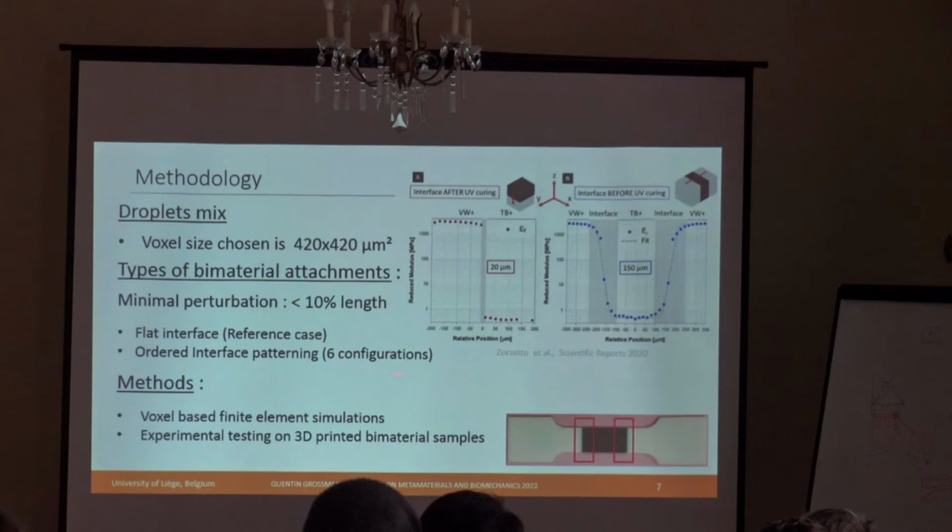We have otherwise 6 other configurations that we call ordered interface patterning. And as for the methods, we do some FE simulations staying in the elastic domain to have an idea how the stress is distributed at the bimaterial attachment. And we also perform some experimental testing by printing the samples and then breaking them in a uniaxial tension test.